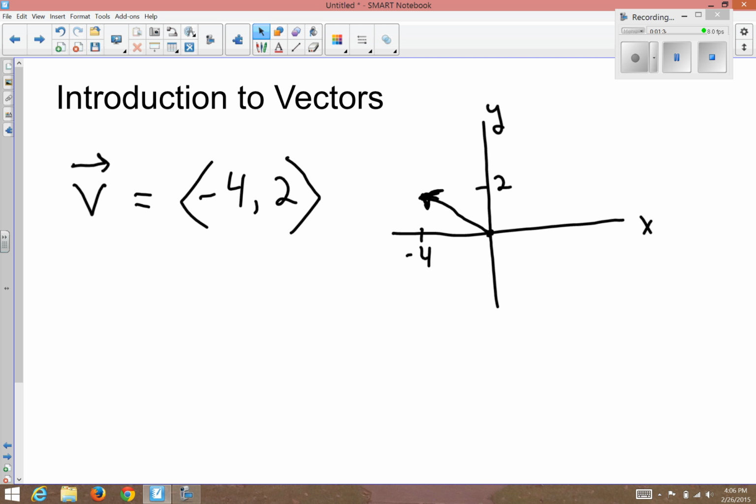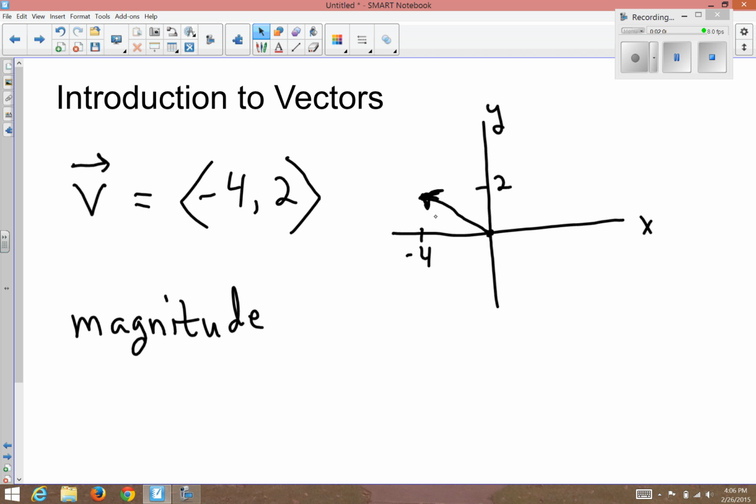So we symbolize the vectors like this, the two numbers with a comma inside chevrons, and the picture is this arrow. This is the vector. When we say the magnitude of a vector, we mean the distance from the origin to that point.